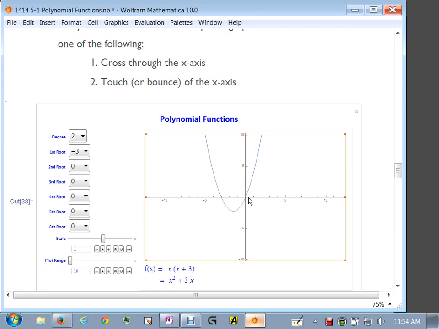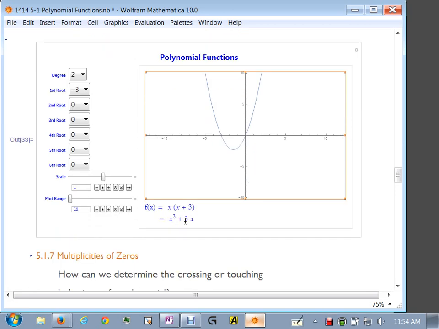X equals 0 was an x-intercept, which meant that x minus 0 is a factor. What's x minus 0? X. So you can see how x is a factor here. We could tell that from this picture. Where's the other x-intercept? -3, which means that what is a factor? X plus 3. And you see that's the other factor right here.